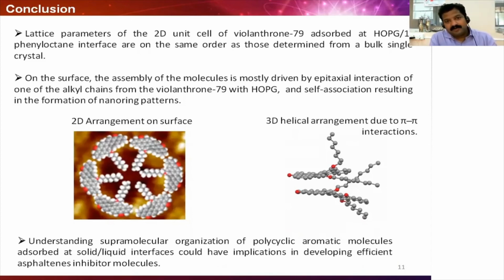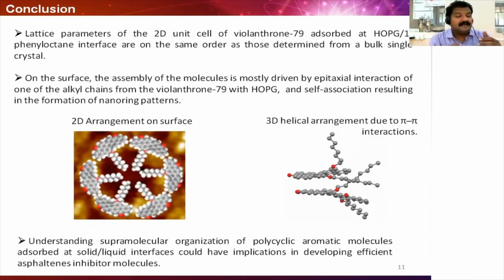So the insights on how these molecules are arranging on surfaces and what are the forces that drive these arrangements are very important. In terms of practical applications, such clues will help us to design better inhibitor molecules whose primary objective is to prevent asphaltene adsorption onto the surface, or deposition on the surface, and keep it in solution, for example.